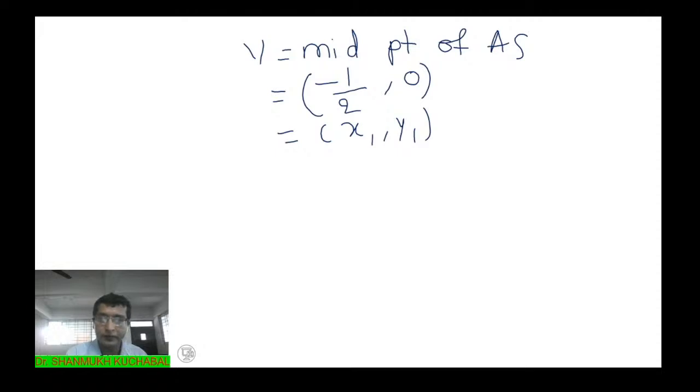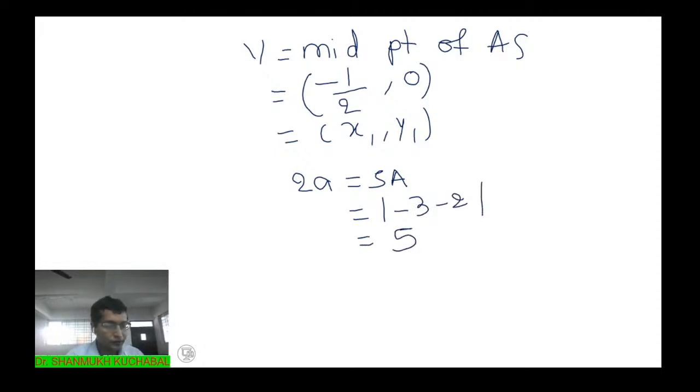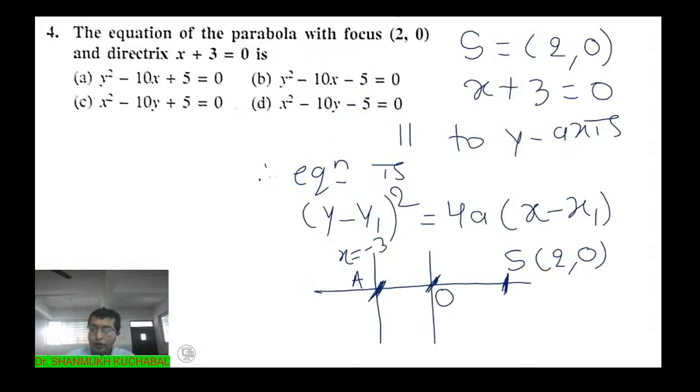Now from the geometry we can write 2a equal to the distance between S and A, which is modulus of minus 3 minus 2, so we get 5. We substitute the values of a, x1, y1 in the equation y minus y1 square equal to 4a times x minus x1.